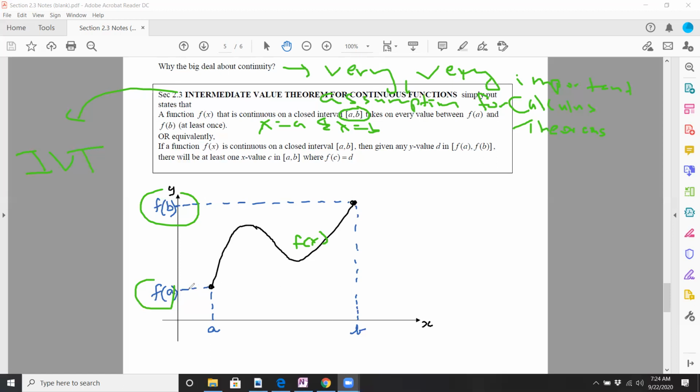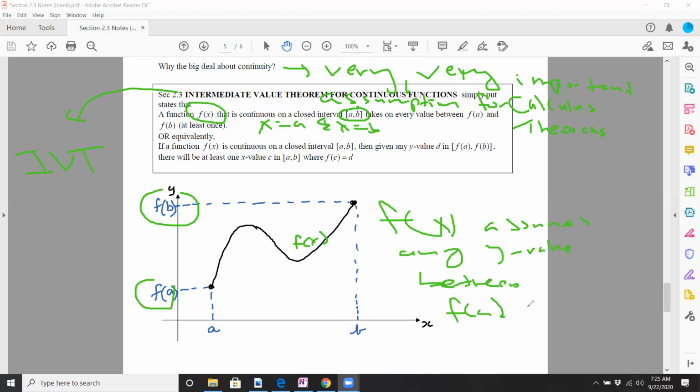Then you have the y values that go with x equals a and x equals b. And the graph f of x can assume, so f of x assumes any y value between f of a and f of b.